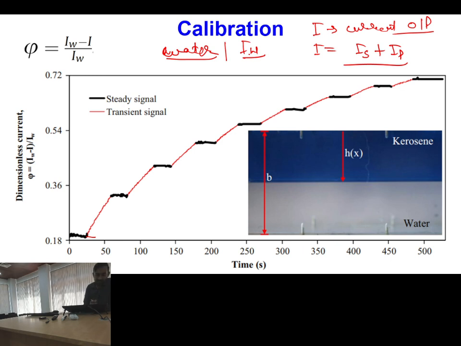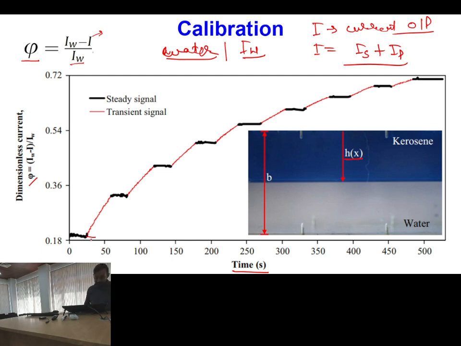Now this IW has been used to non-dimensionalize the current output. So the non-dimensionalized current output is IW minus I, where I corresponds to the mixture of oil and water, and it is further non-dimensionalized with the reference current of water. This value of phi is plotted as a function of time, and while it is plotted, values of h by d are maintained at different levels.